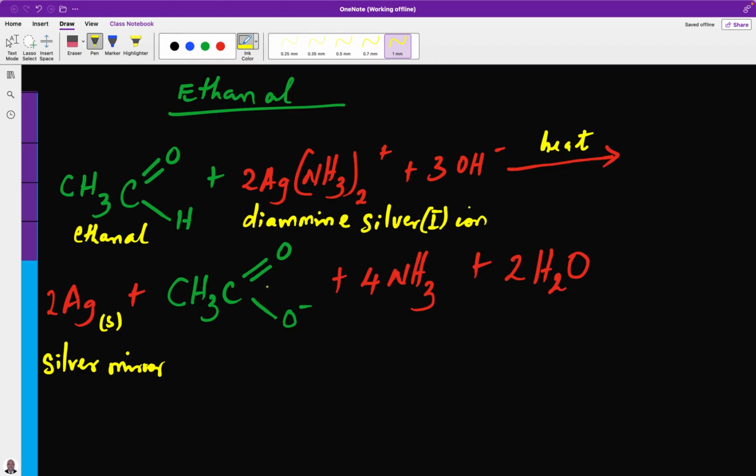The carboxylic acid that is being formed, that is the ethanoic acid, is immediately neutralized. It is immediately neutralized to what? To the carboxylate ion.